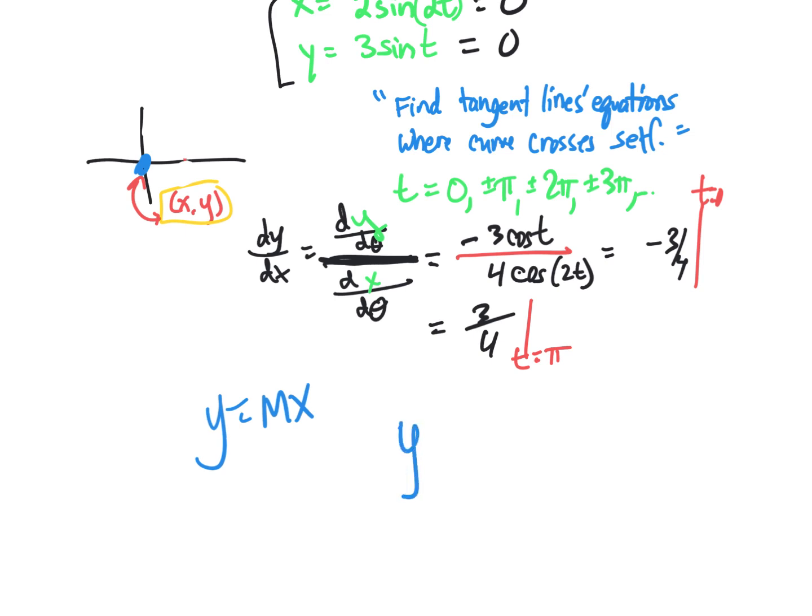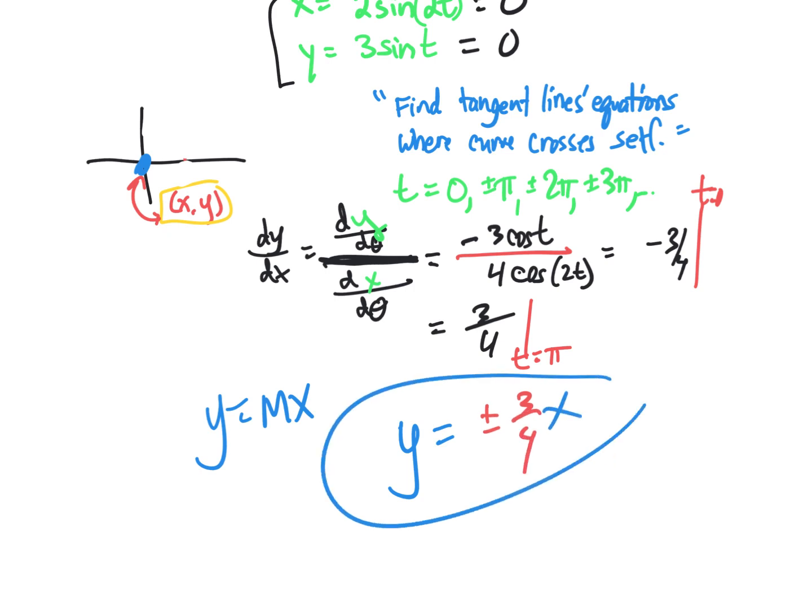So y equals, the tangent slope is 3/4, so positive or negative 3/4 x, something like that, and like that.